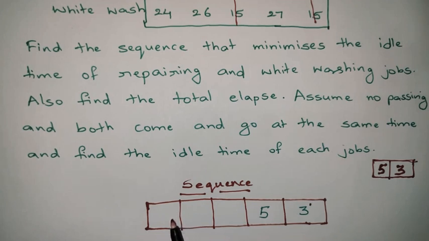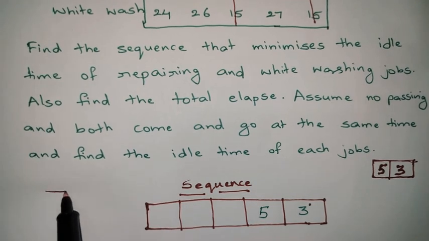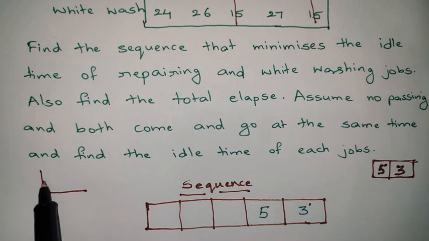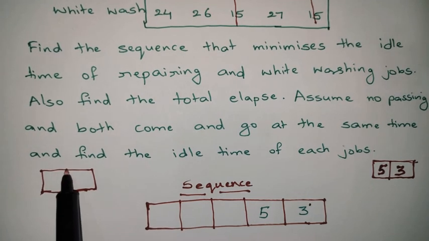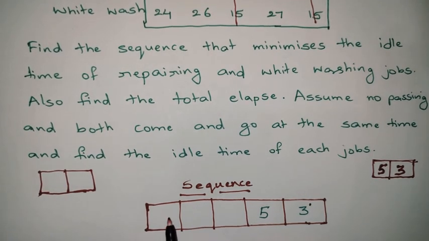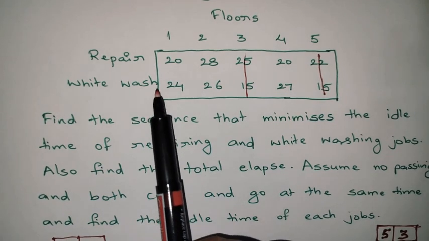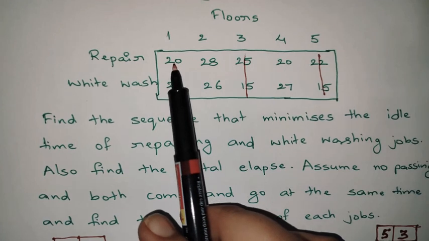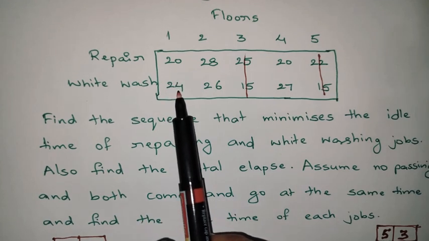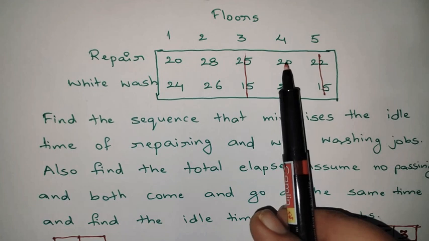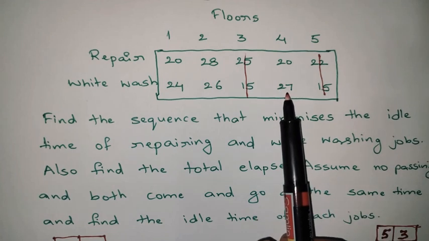Let us take these two cells on this side. So now which one do we need to write? I am taking these two cells here. So now compare the values of first and fourth floors in the second process. For this 20 in the second process the time is 24, and for this 20 the second process time is 27.